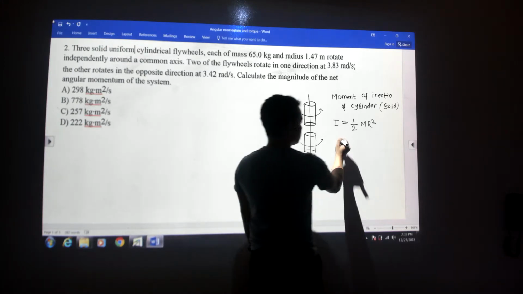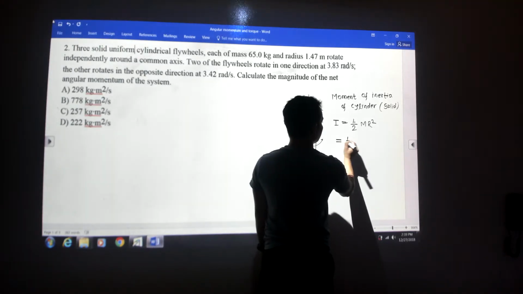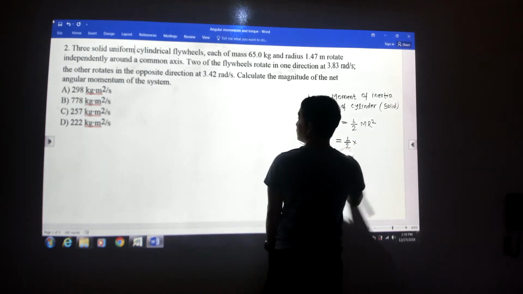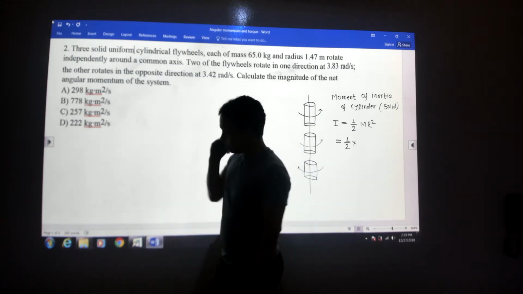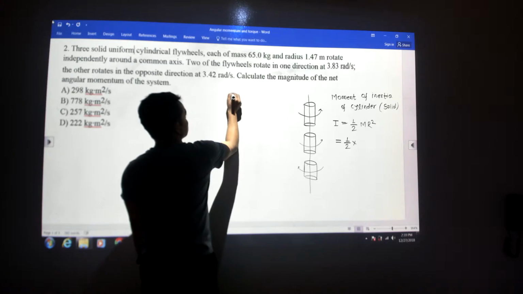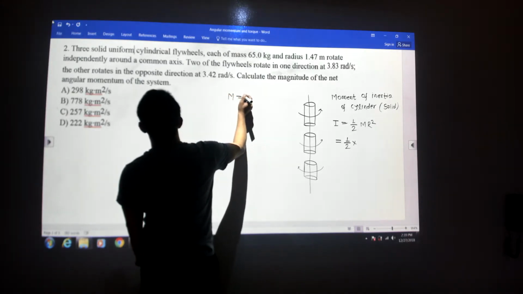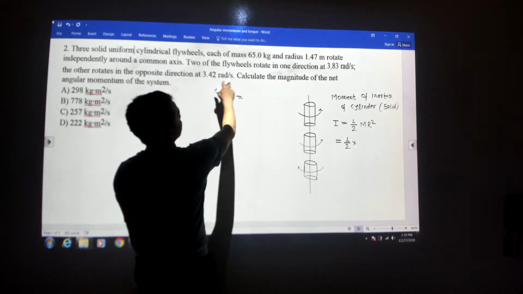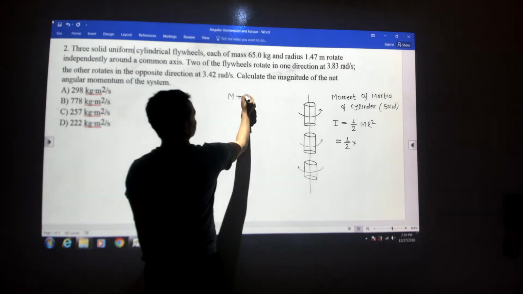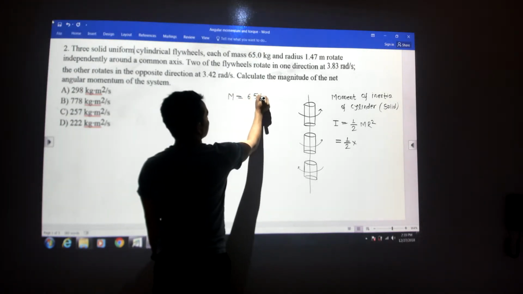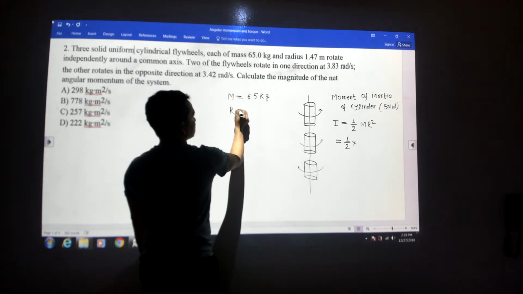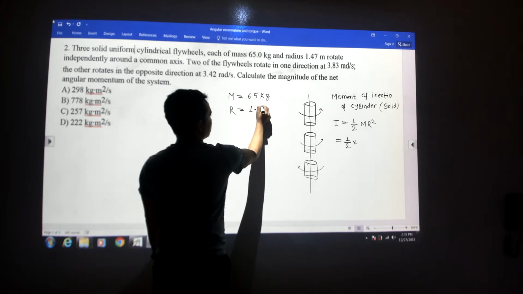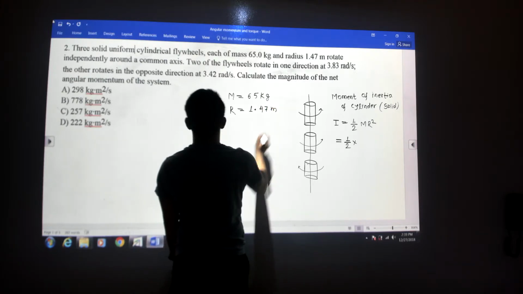Let's put all the numbers here. Half, the mass is given. What is the mass? This is the given information. The mass is 65 kilogram. The radius is given 1.47 meter.